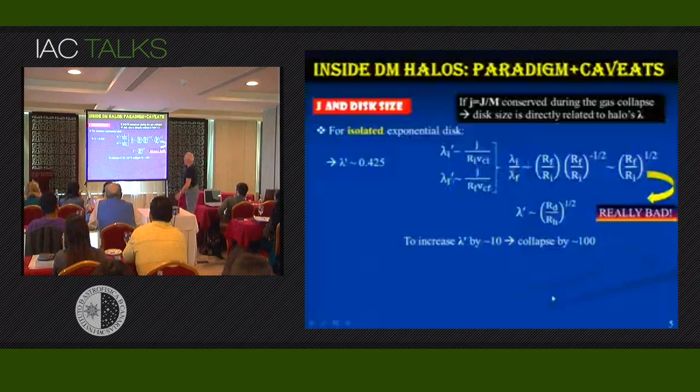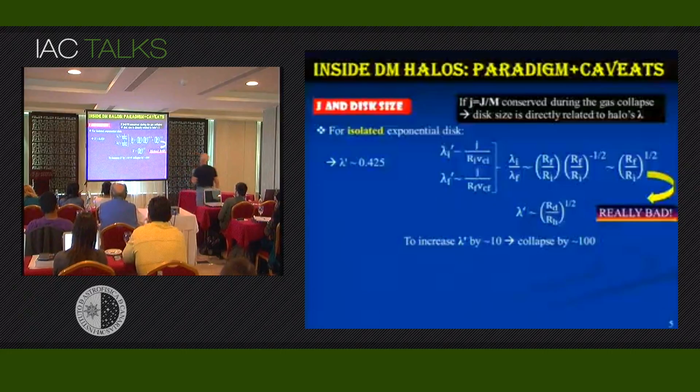So I take the ratio of initial in units of the final one, and I just divide the expressions. And I assume, for simplicity, that I'm talking about an isothermal sphere, so the circular velocity is independent of radius. I get that the ratio depends on the square root of the ratio of the radii.